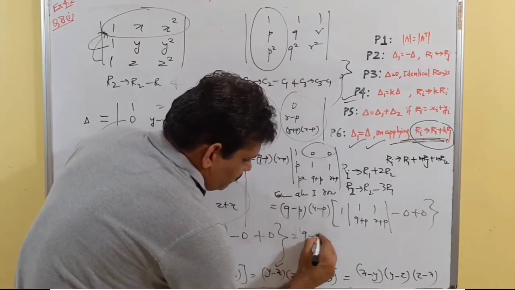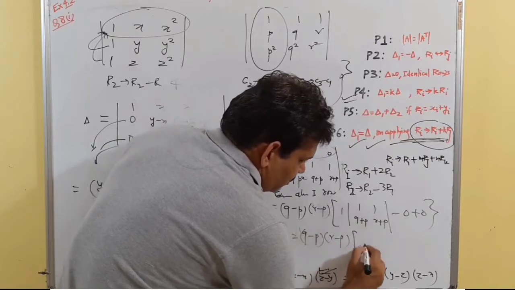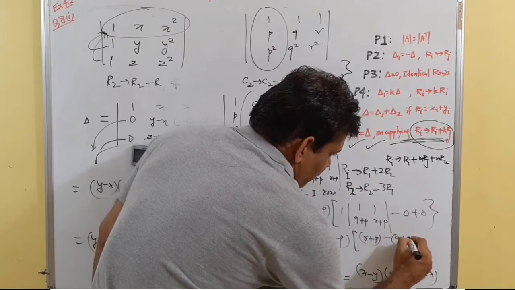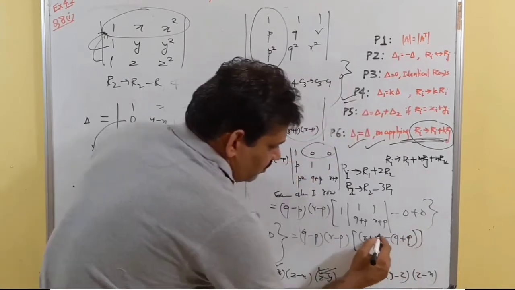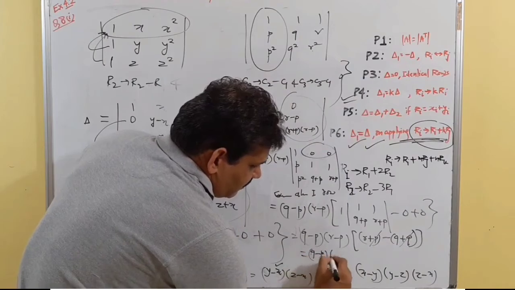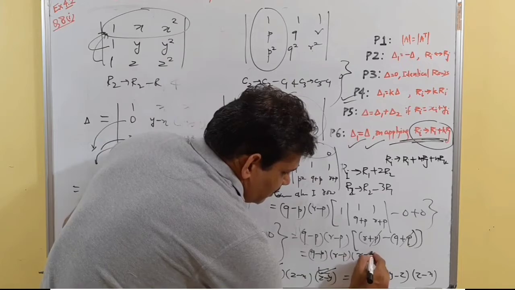So this gives me q minus p, r minus p. This gives r plus p minus q plus p. Well, this p is cancelled out. This gives me q minus p, r minus p, and r minus q.